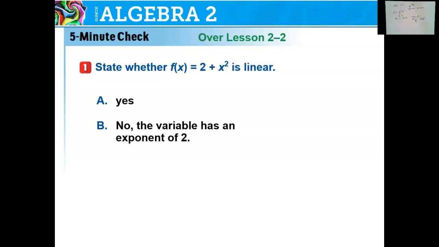Also, if you know what the graph of x squared looks like, it's going to look like a parabola, so it's going to be a U-shape, or nonlinear. So for this question, letter B is going to be the correct answer. It's not a linear function because x is raised to the power of 2.